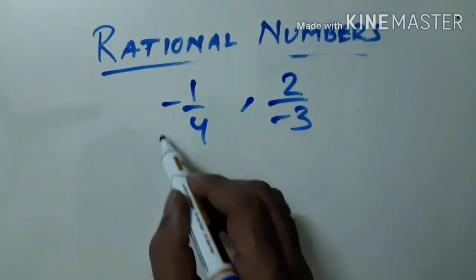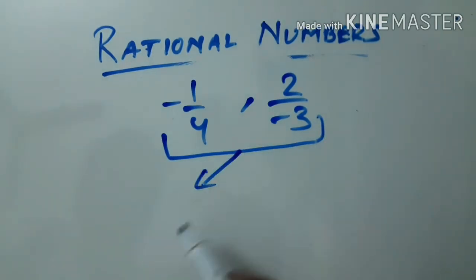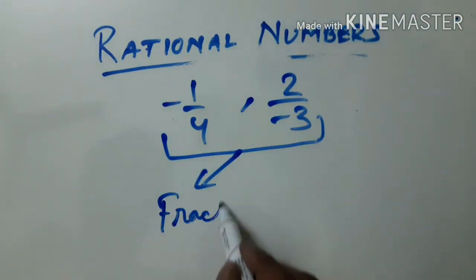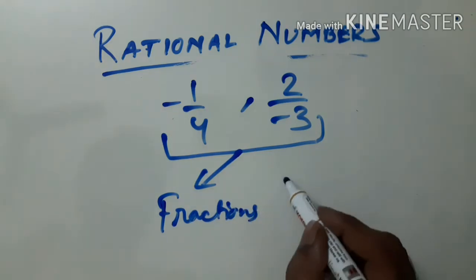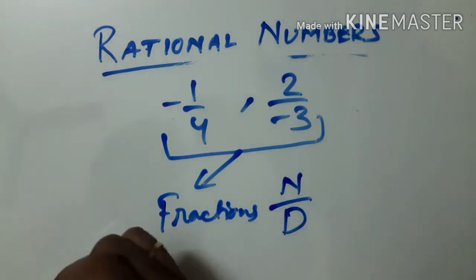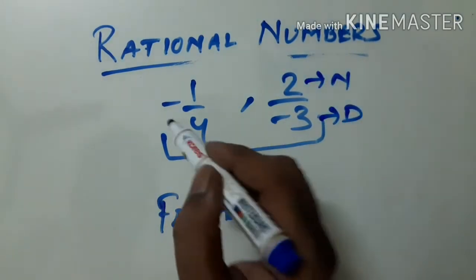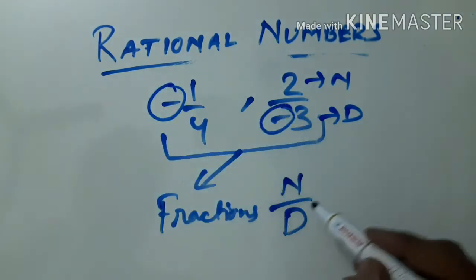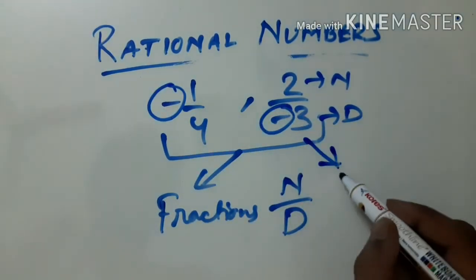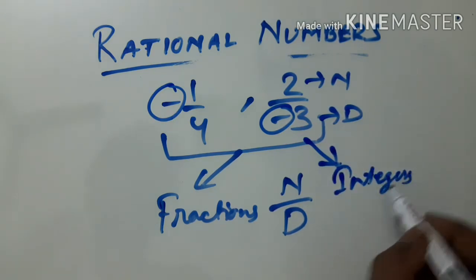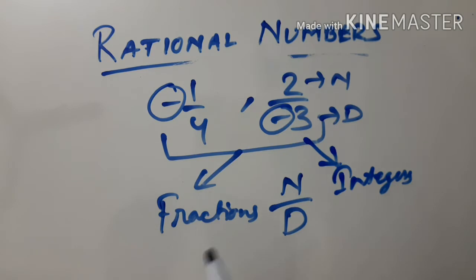As we can see, these numbers are more familiar to fractions as they have a numerator and a denominator, and they use negative signs, so they resemble integers. These numbers are a combination of fractions and integers. Now the numbers which are of this form are called rational numbers.